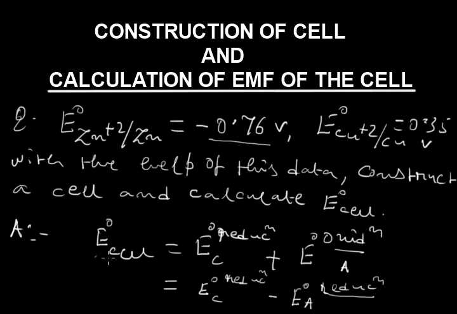If we use this equation, E0 cell must be positive, otherwise there is no existence of the cell, because when current is supplied by the cell, the EMF must be positive. So we use that half cell as cathode where the reduction potential value is higher. So in this case, Cu+2/Cu system acts as cathode and Zn+2/Zn system acts as anode.